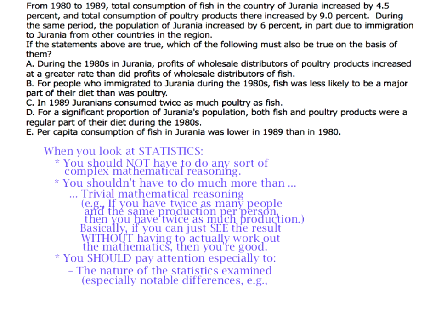For example, total X versus X per capita. And then you should also pay attention to comparative statistics. In other words, this thing is greater than that thing.